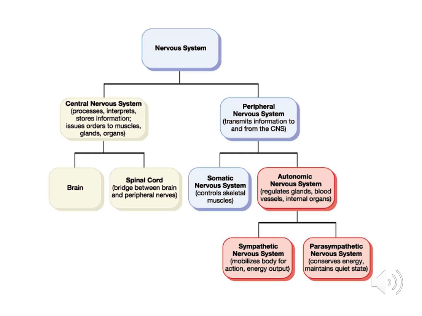So we divide the somatic nervous system into the sensory pathways and the motor pathways. The sensory pathways are entering the spinal cord and the impulses are being carried up to the brain. And the motor pathways are exiting the spinal cord and getting carried out to the rest of the body.